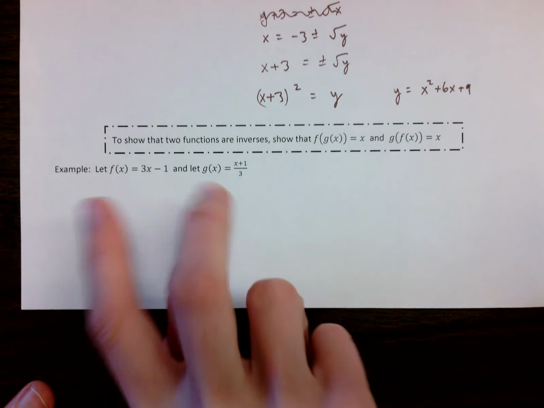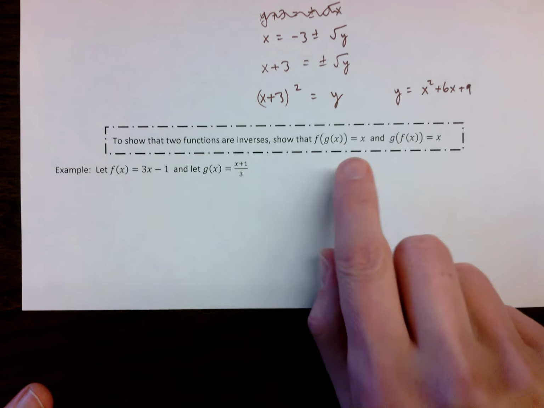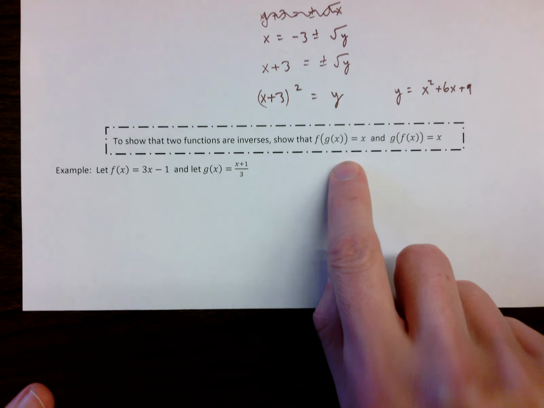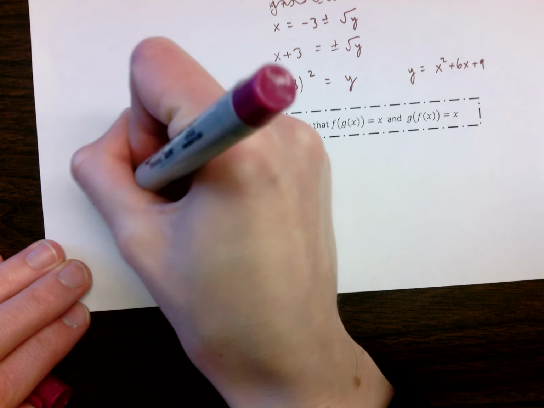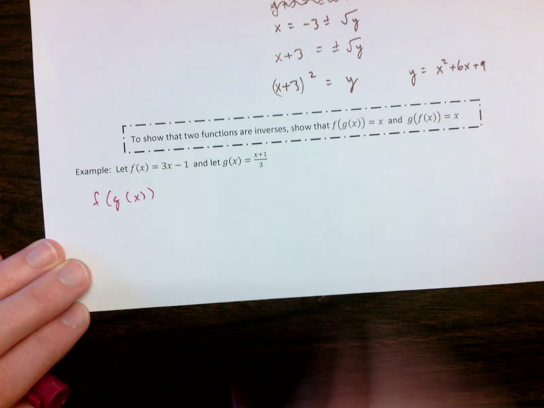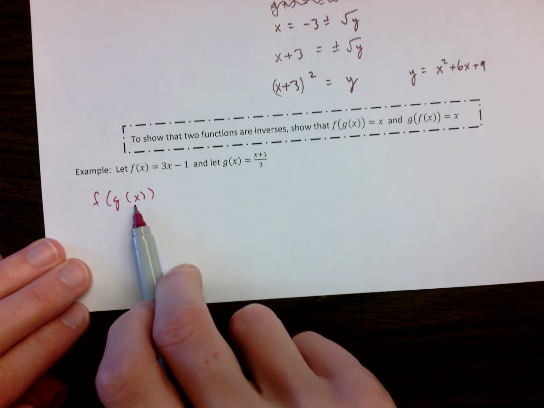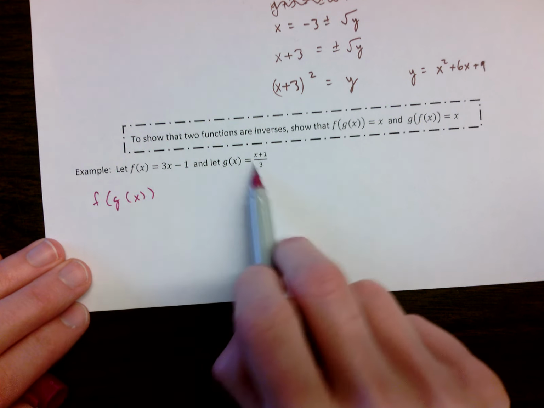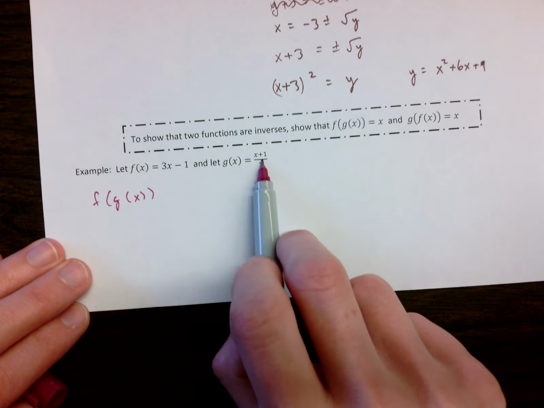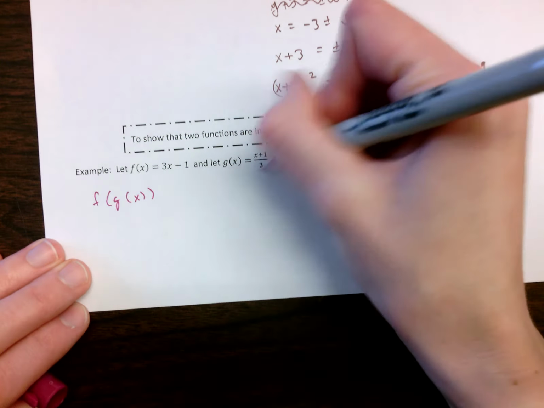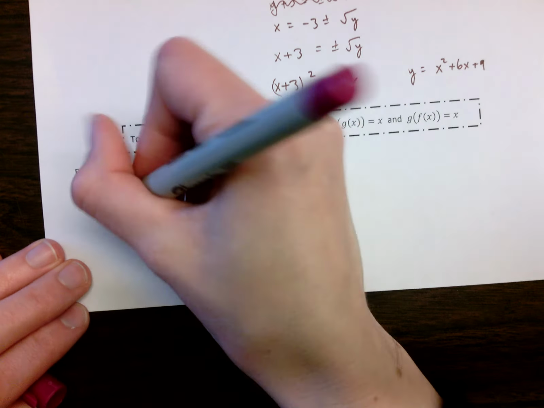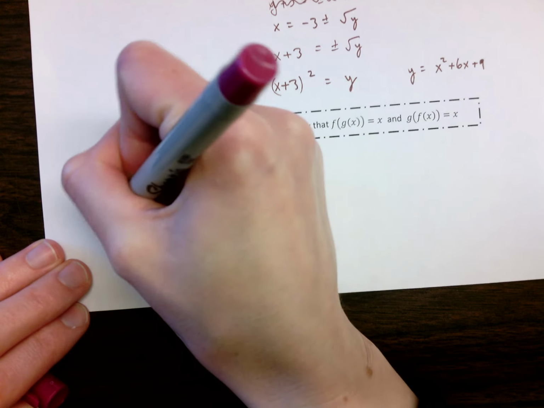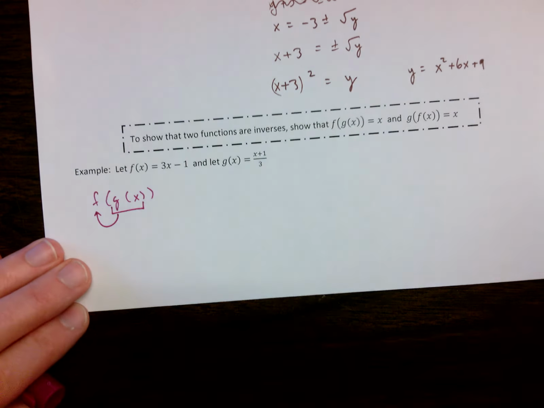So in order to show that these two are inverses, we're going to do this composition here. For the first one, I'm going to find f of g of x. What that means is you're going to put x into function g, which there it is. That's x plugged into function g. And I'm going to take this and plug it into function f. So I'm taking g of x and plugging it into function f.